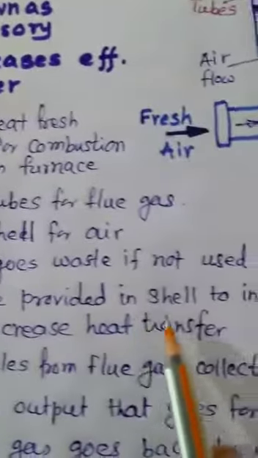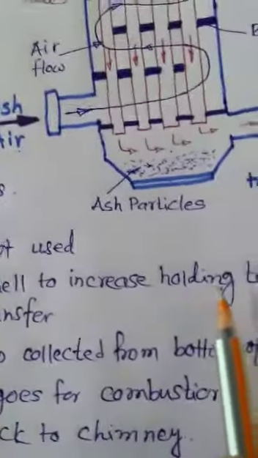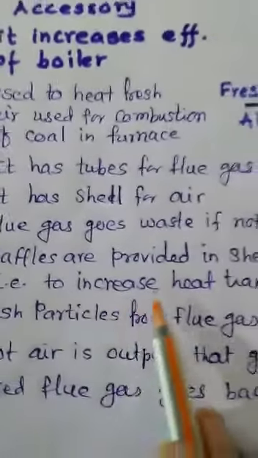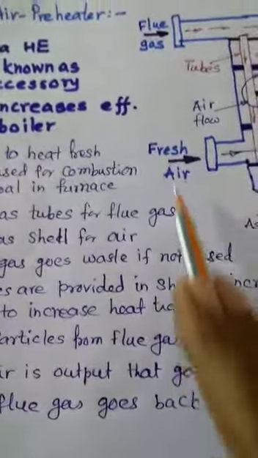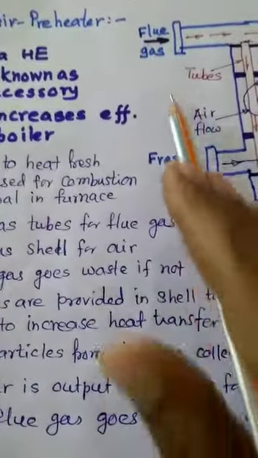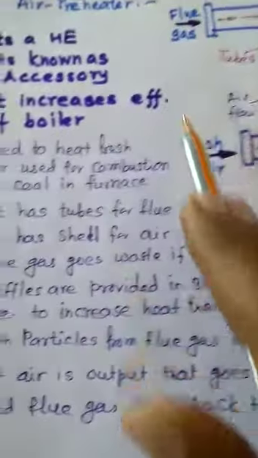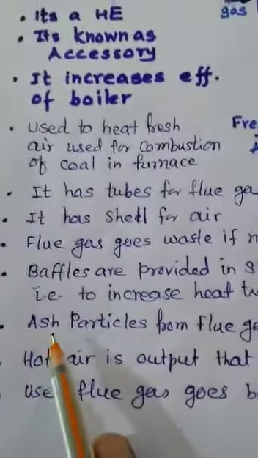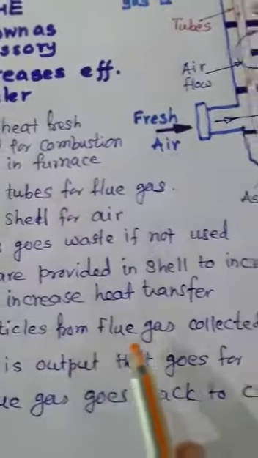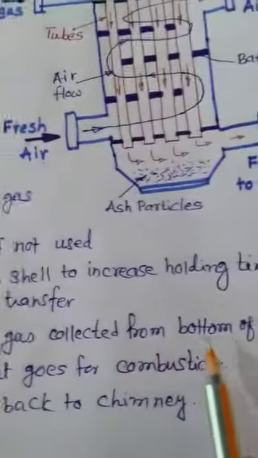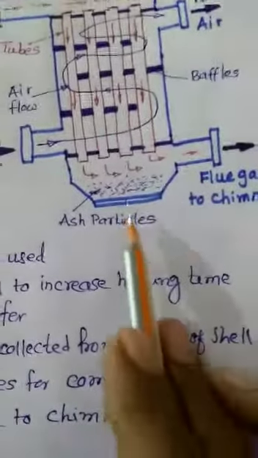Baffles are provided in the shell to increase holding time, that is, to increase heat transfer. Heat transfer between what? Heat transfer between the fresh air and the flue gas. Some ash particles are always deposited from the flue gas and they are collected from the bottom of the shell, as shown here.